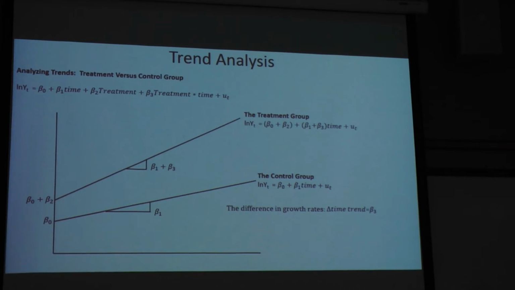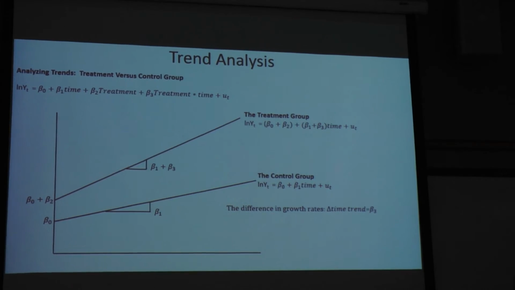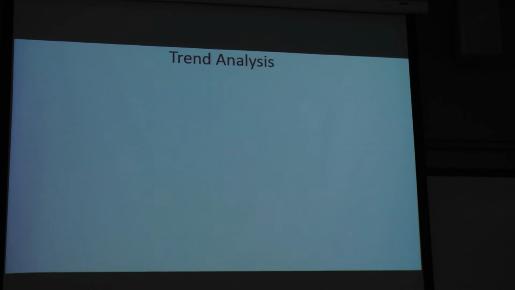Okay, so we know that beta 3 is the difference in the time trends between the control group and the treatment group. Now we're going to analyze before and after an event relative to a control group.